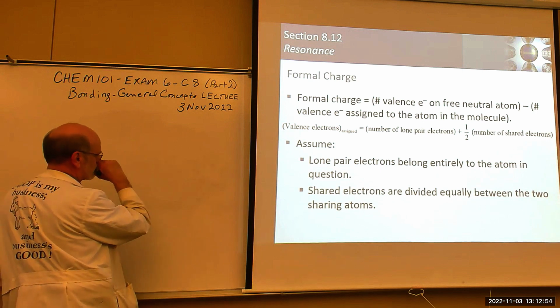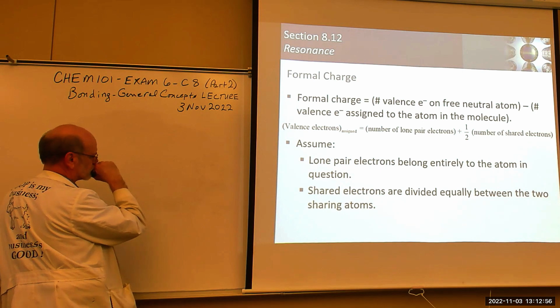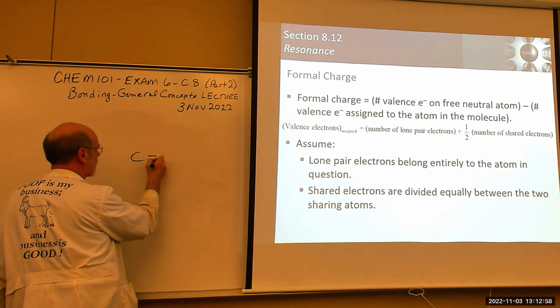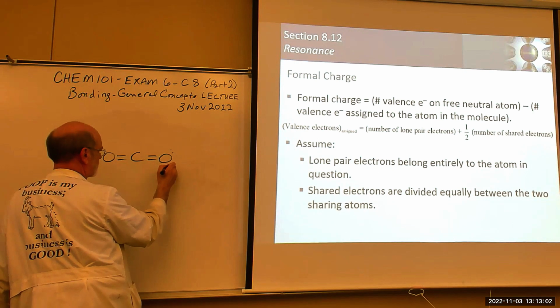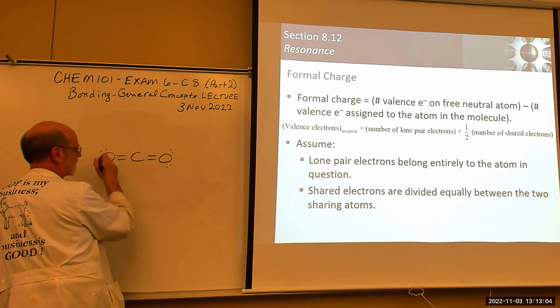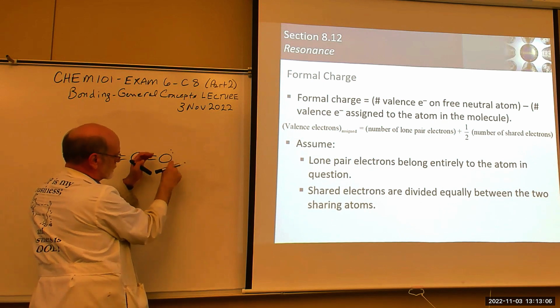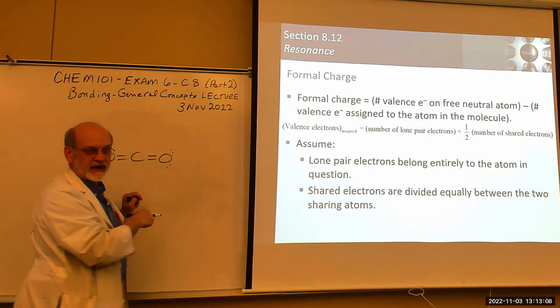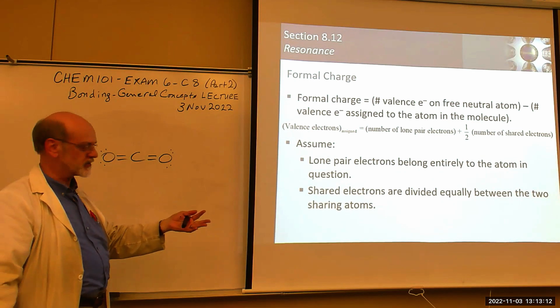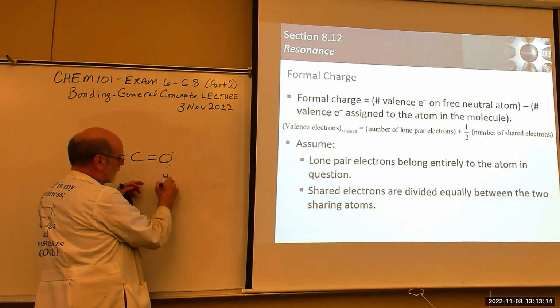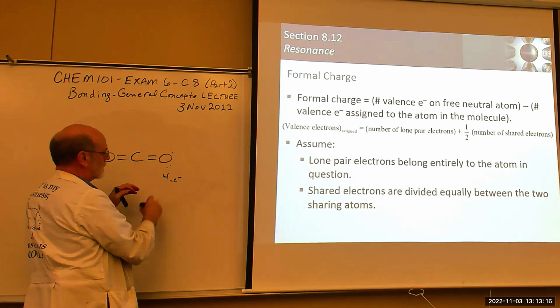So as we had carbon dioxide. If we're just doing this oxygen, those lone pairs belong to that oxygen. Okay, for the purposes of our calculation. So this would have four lone pair electrons.